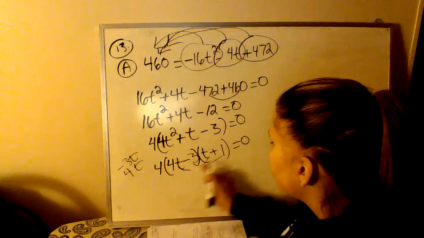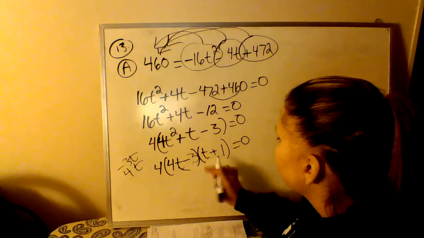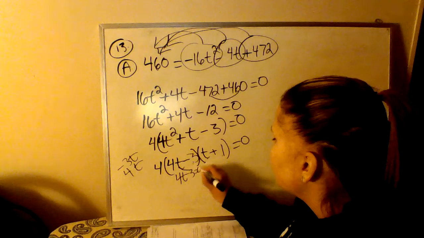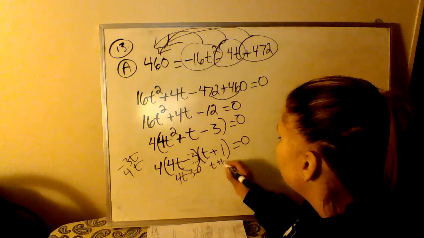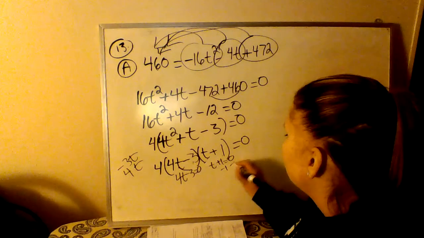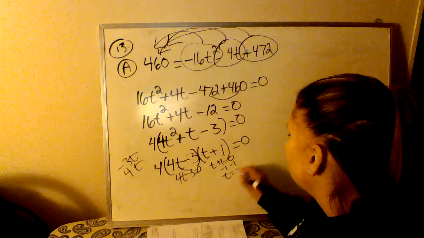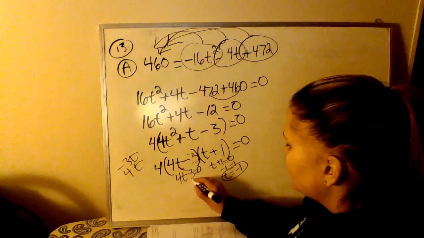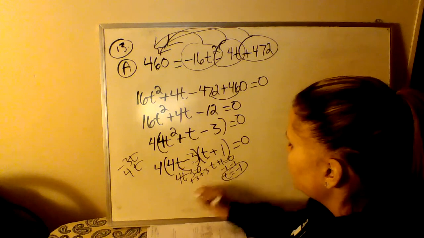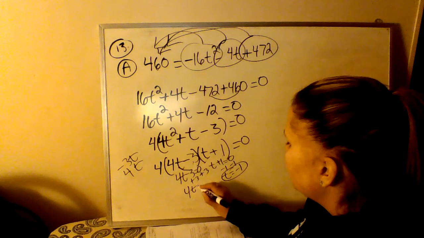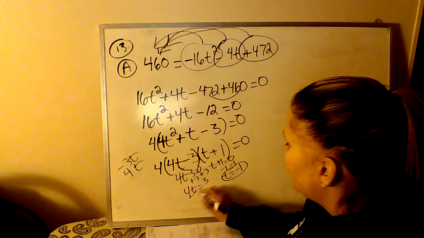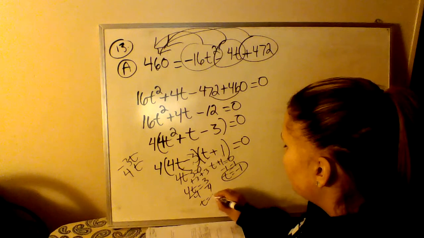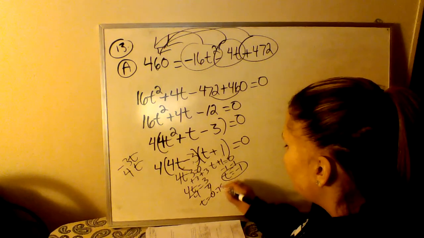So now I set both parts equal to 0 and solve. I got t equals negative 1, and then on here, plus 3 plus 3, so 4t equals 3. Divide by 4, divide by 4. So then t equals 0.75.